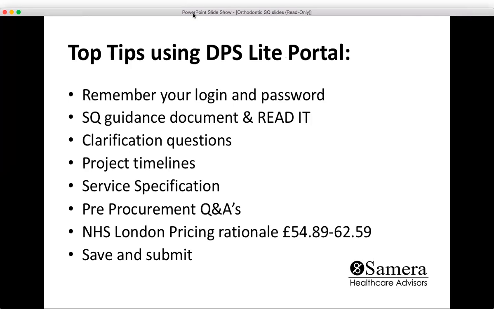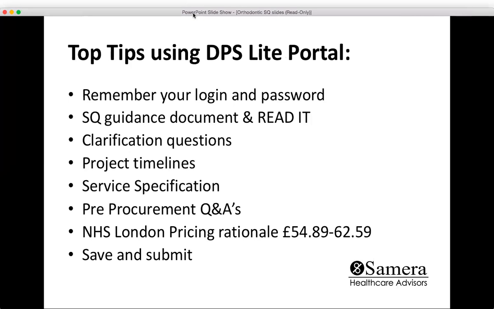The project timelines have also been declared, and we wanted to make sure you are aware of these deadlines. Firstly, if you haven't expressed an interest or registered your login details onto the DPS Lite portal, it's too late to tender for the orthodontics in London.